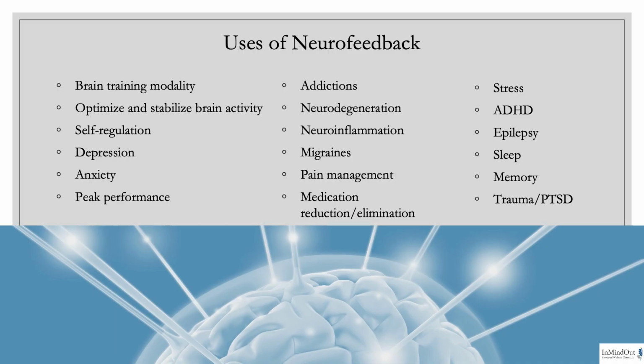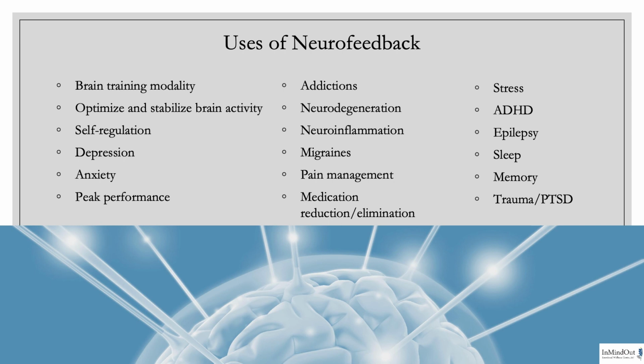In the early stages of neurodegeneration, neurofeedback can stave it off. It doesn't cure anything that's neurodegeneration related, but it can slow down the progression if we start targeting it early enough. It's useful for the dampening of neuroinflammation.